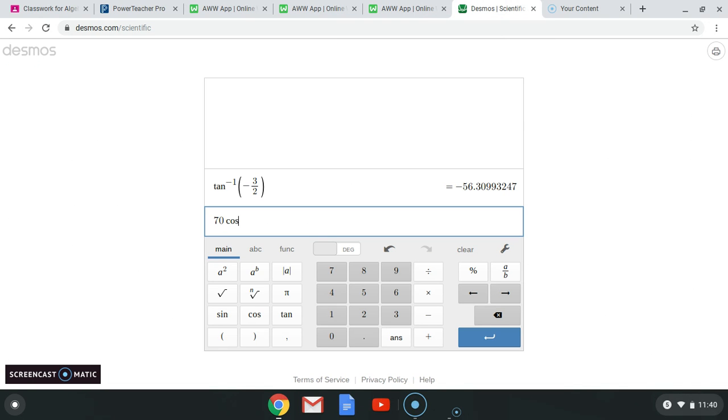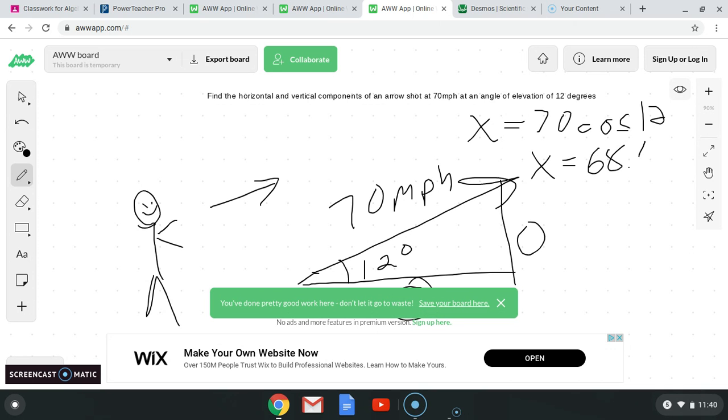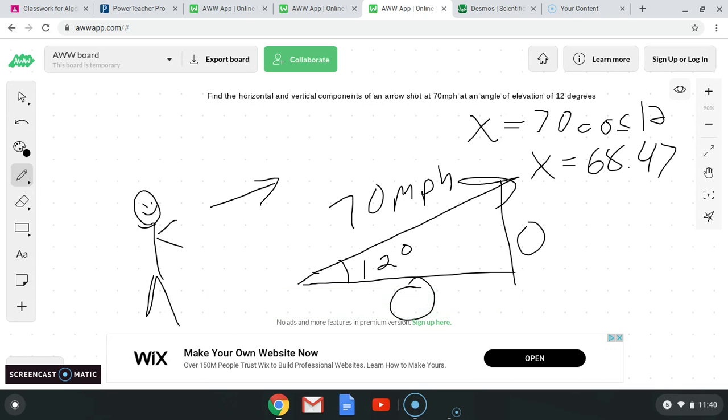Okay, and I can plug that in. 70 cosine of 12, I'm in degrees. So it's going 68.47 miles an hour in a horizontal way. So our x would be 68.47. Okay, and then to find our y, it's going to be 70 sine of 12.